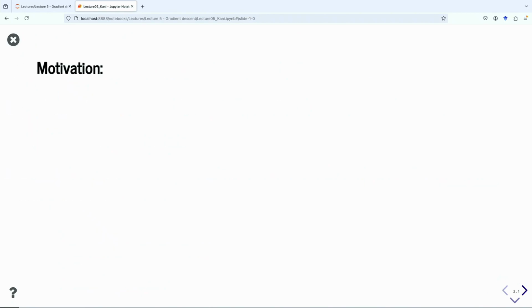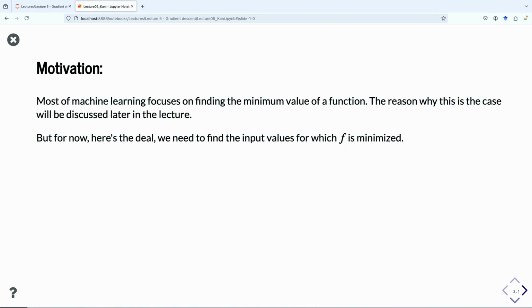Okay, so let's start off with motivation behind gradient descent. Most of machine learning focuses on finding the minima of a particular function. You'll often hear the words minimizing the loss. Loss itself is a function, so most of machine learning is focused on minimizing that function.